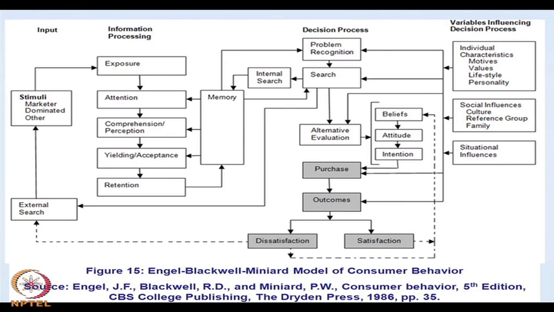In case this is inadequate, he looks about for other external information. Based on this search for information, he evaluates the various alternatives. Now, evaluation of alternatives, based on knowledge and information derived from external or internal sources, is also impacted by the consumer's beliefs, attitudes and intention.